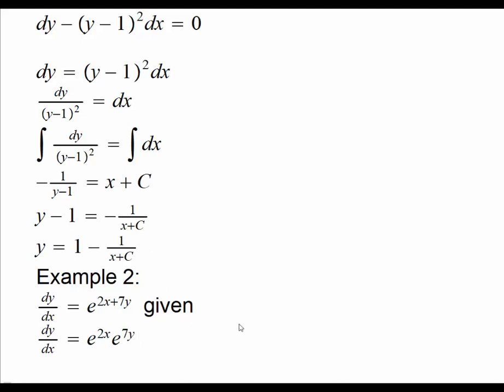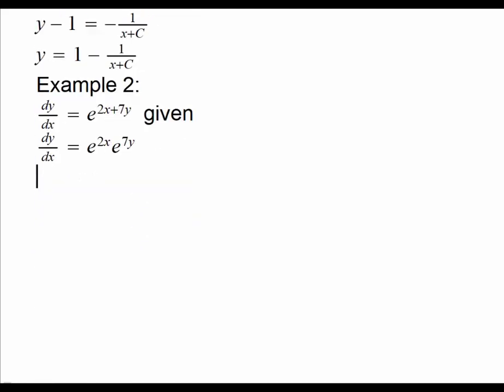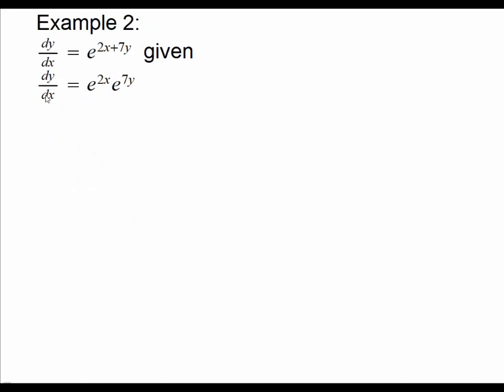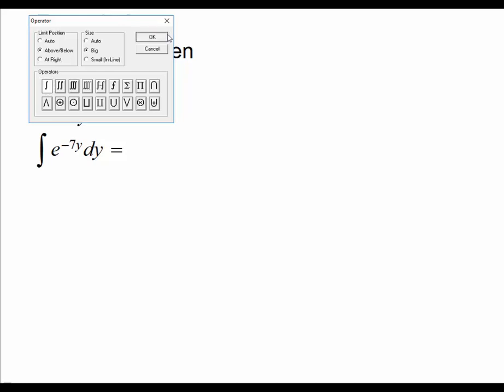When we separate the variables, we can bring e to the 7y on the left to be with dy, and leave e to the 2x dx on the right hand side. And now when we integrate this, I may stop using the antiderivative sign again and again later on once we get fluent with the procedure.